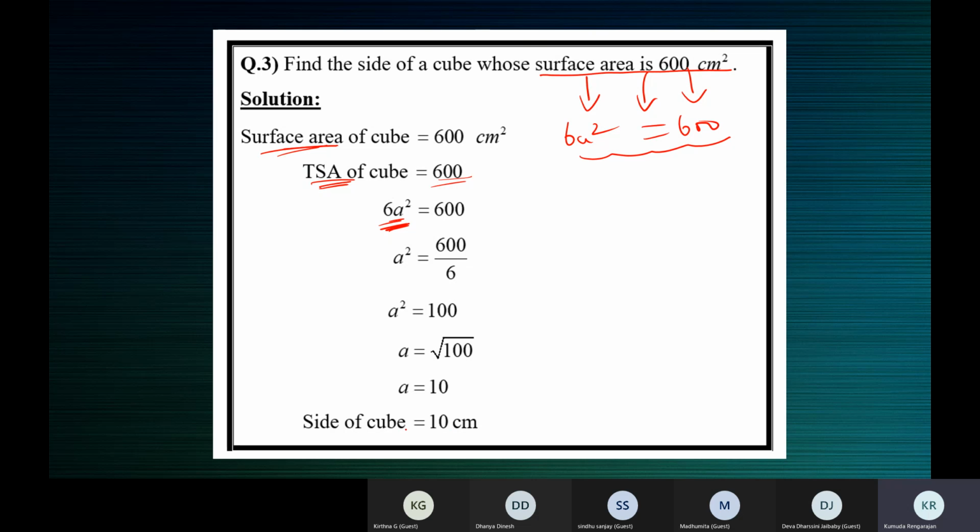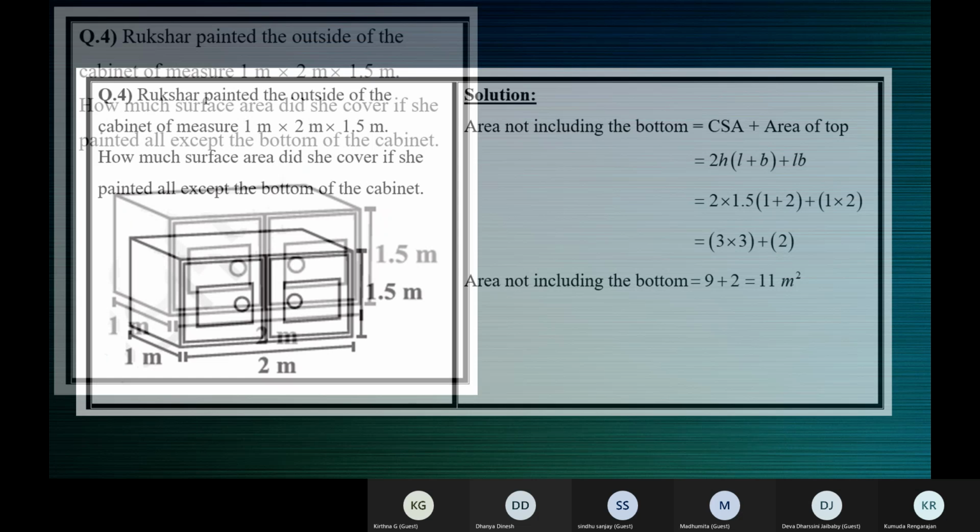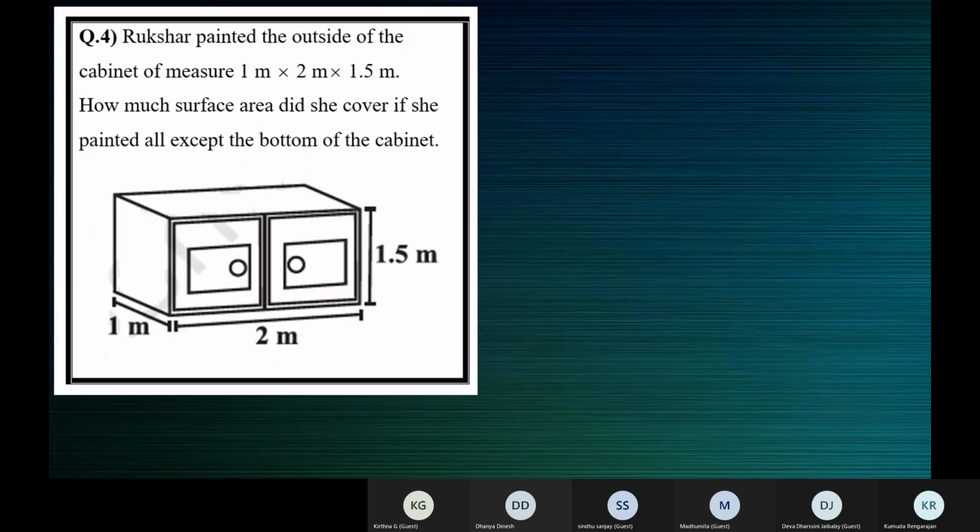On working, you find the side of the cube is 10 centimeters. This is not over, right? I asked you to work this. Yes, ma'am.